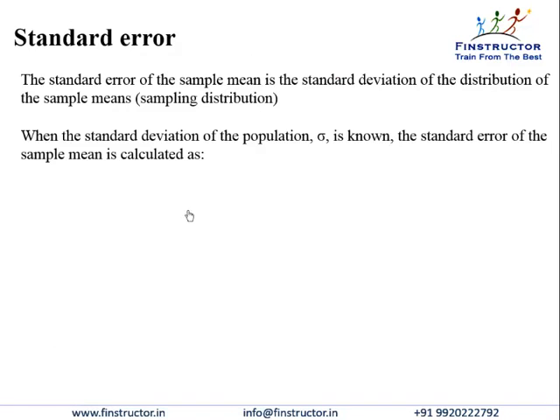The distribution of sample means has an expected value equal to the population mean and a standard deviation equal to sigma by root n. The standard deviation of the sampling distribution is also called the standard error.